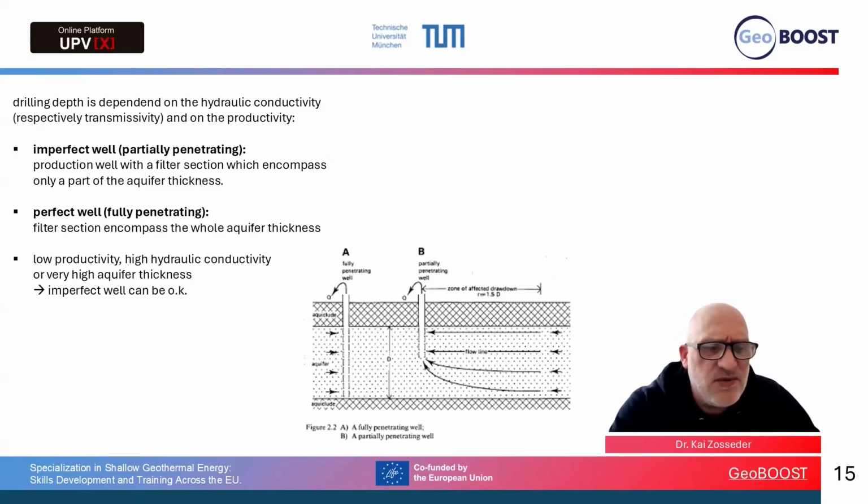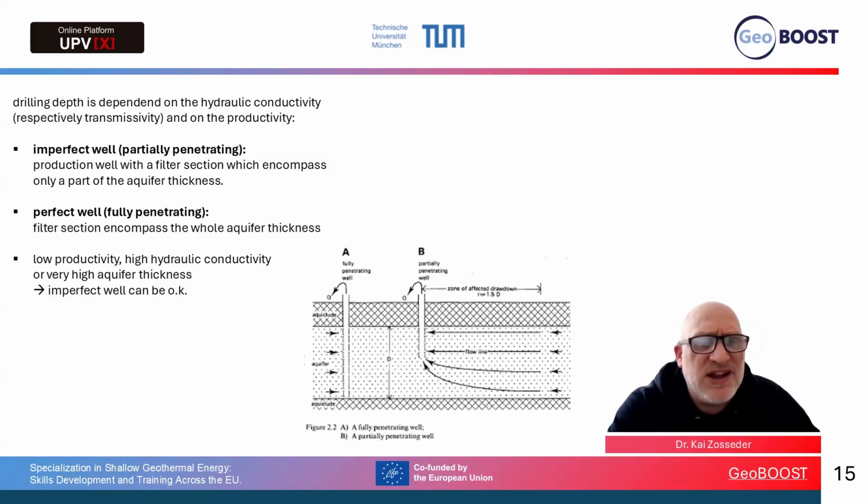There are some disadvantages: you change the inflow velocity, so then there can be a higher risk of corrosion effects and so on. So it's recommended to drill a fully penetrating well, but there are some reasons that you're not doing that.